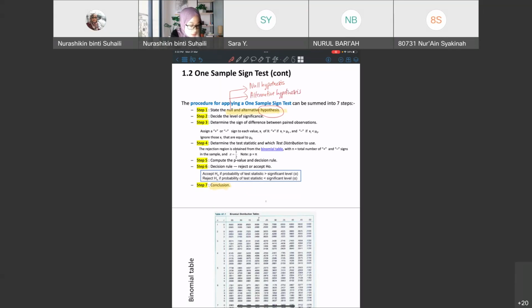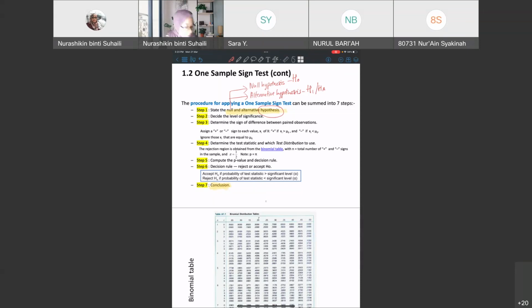The null hypothesis symbol is H naught. And the alternative hypothesis is either H1 or HA. Sometimes H1, both are correct. So those are the symbols, and those are the two hypotheses that you have to set.